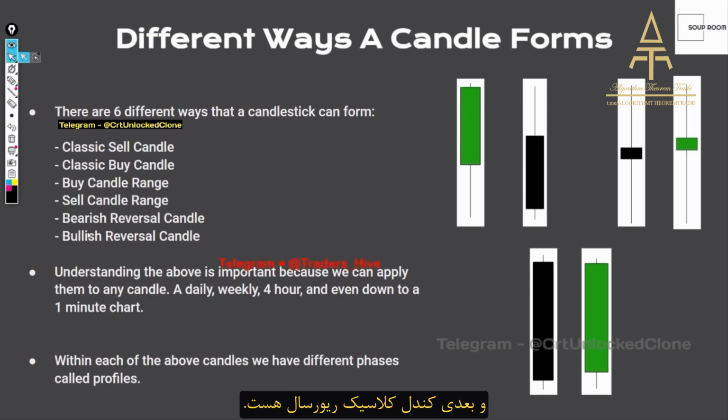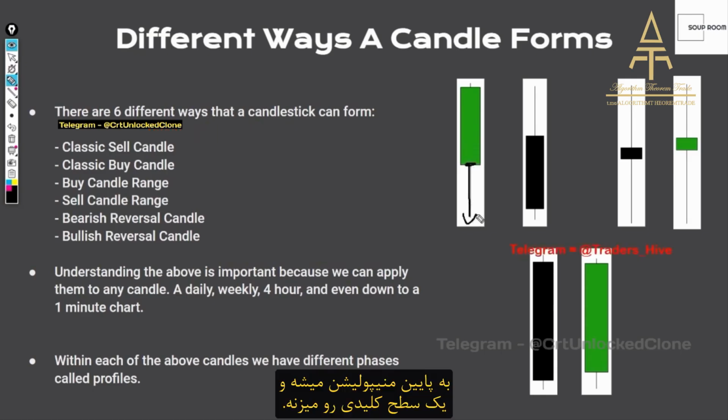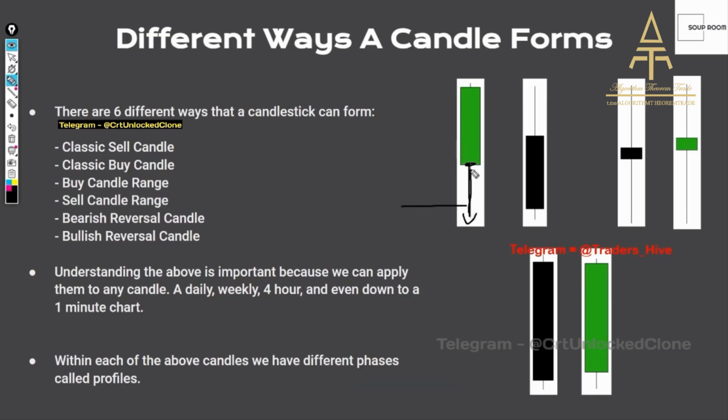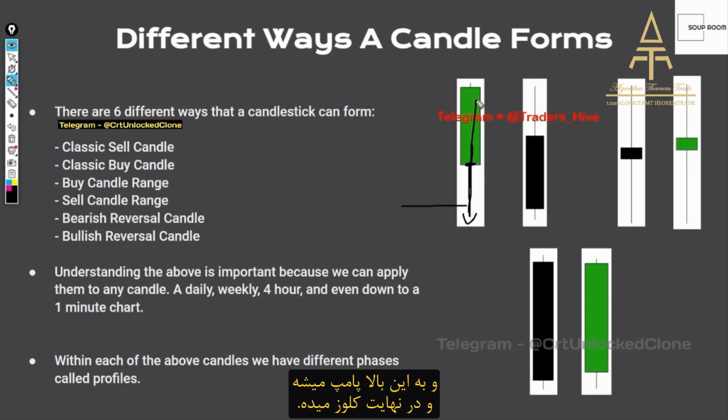And next, we have a classic reversal candle. So we have the bearish reversal candle or the bullish reversal candle, as you guys can guess, are these two right here. How is this a bullish reversal candle? Price opens right here, manipulates to the downside, likely hitting a key level, reverses, probably coming back down into an order block, and pumping all the way back up, forming a high and closing.